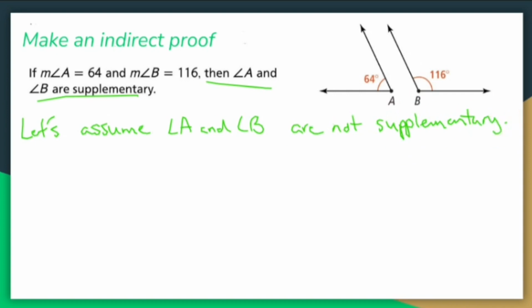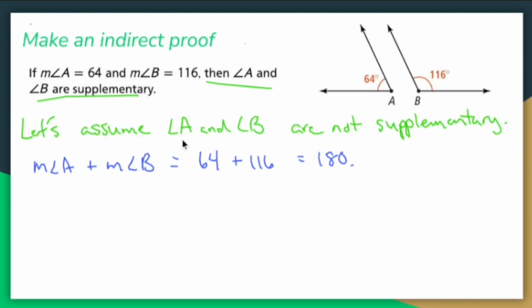The measure of angle A plus the measure of angle B is the same thing as 64 plus 116, which is 180.